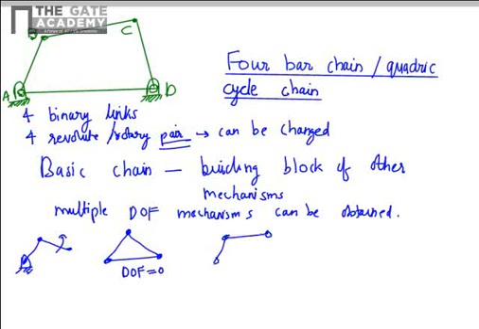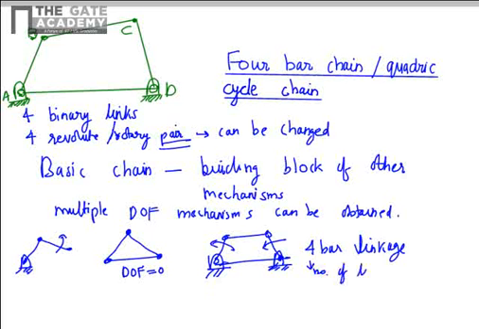And if you go to a 4-bar chain, here you can see that there is a definite relation in motion between different entities. This link can rotate. Likewise, it will have a corresponding motion of this link, or you can fix the other links and get a different kind of motion. That's why the 4-bar linkage is of very much importance and attention. 4 is the number of links which gives 1 degree of freedom.